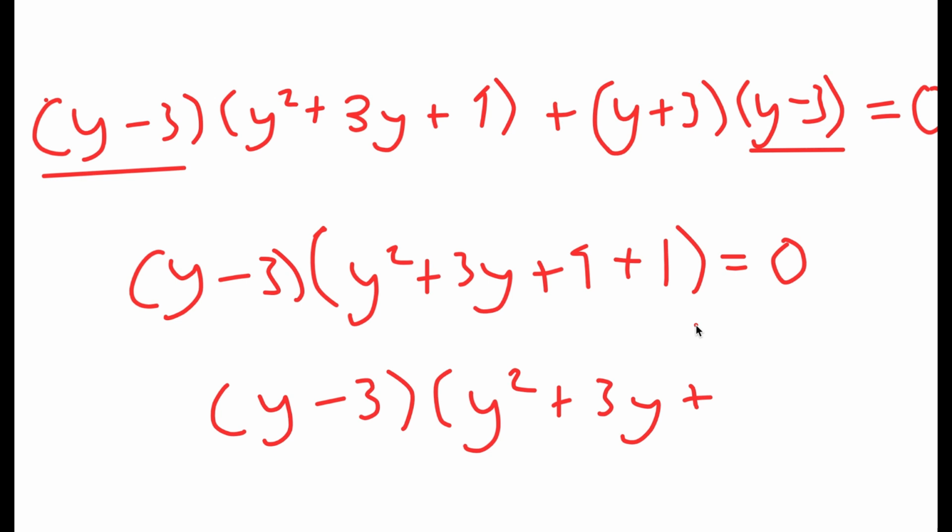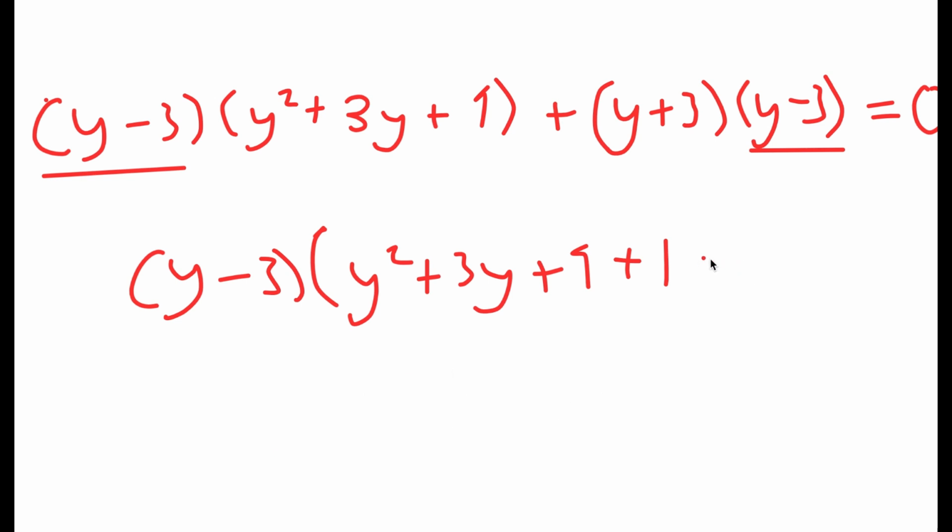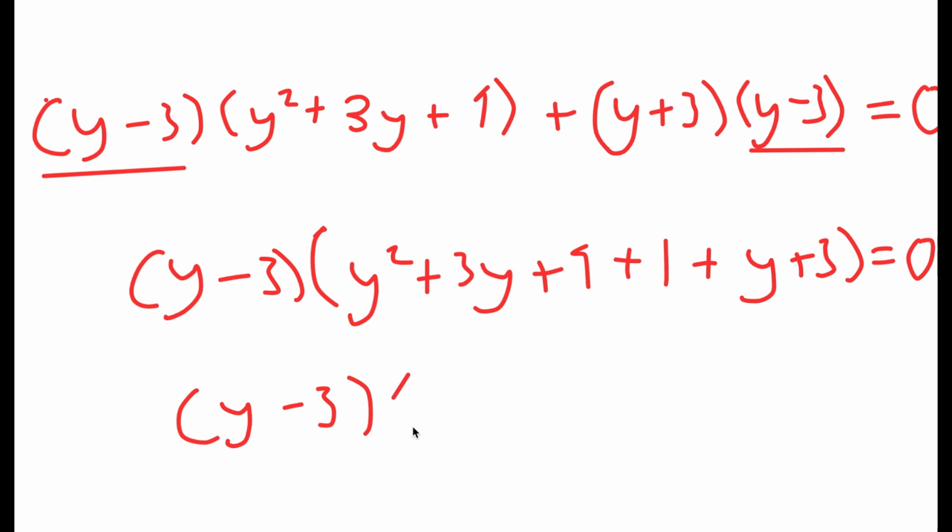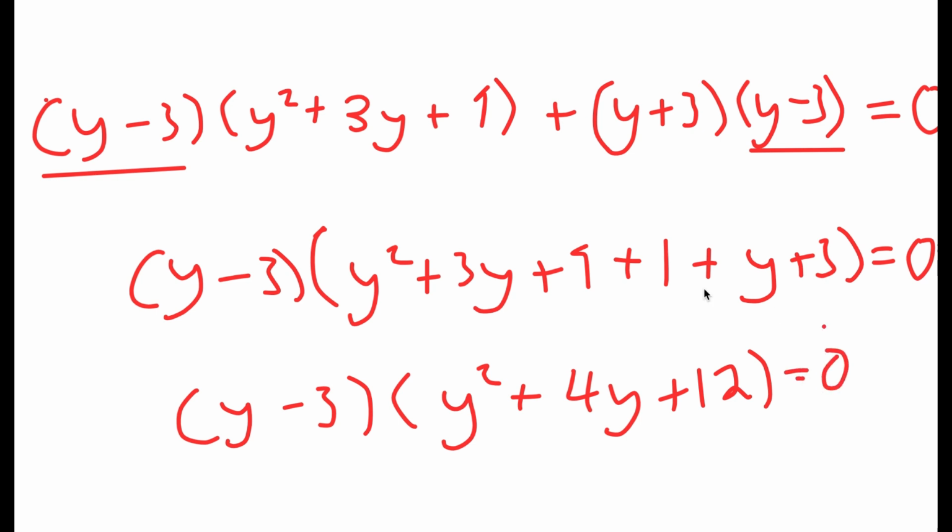Oh, sorry. I also have this plus y plus 3 over here. I forgot about that. So this turns into y minus 3 times y squared plus 3y plus 9, plus y plus 3, which is y squared plus 4y plus 12 is equal to 0.